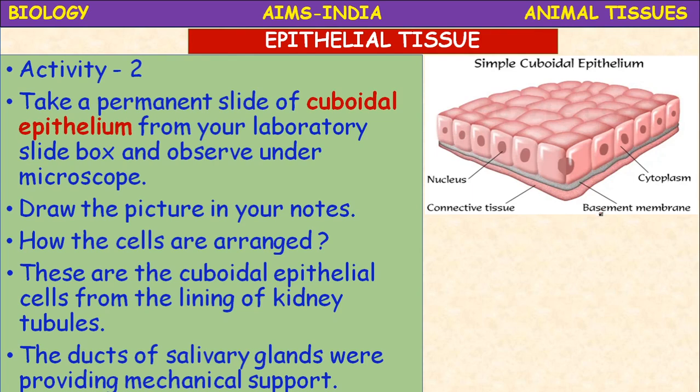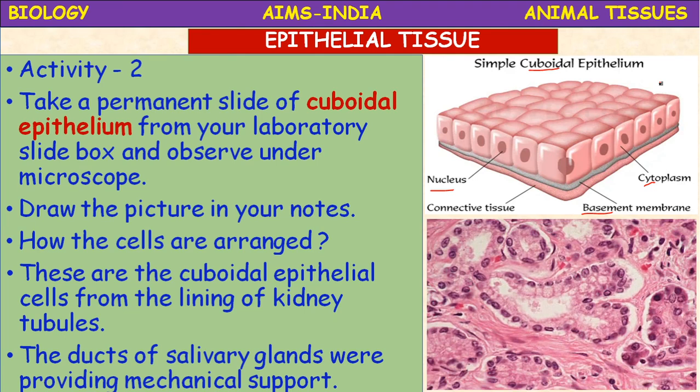Every epithelial tissue consists of a basement membrane, abundant cytoplasm, less intercellular spaces, and a nucleus. Here the cells are supposed to be cuboid-like, so this epithelium is called cuboidal epithelium. In a single layer, that's why simple cuboidal epithelium.